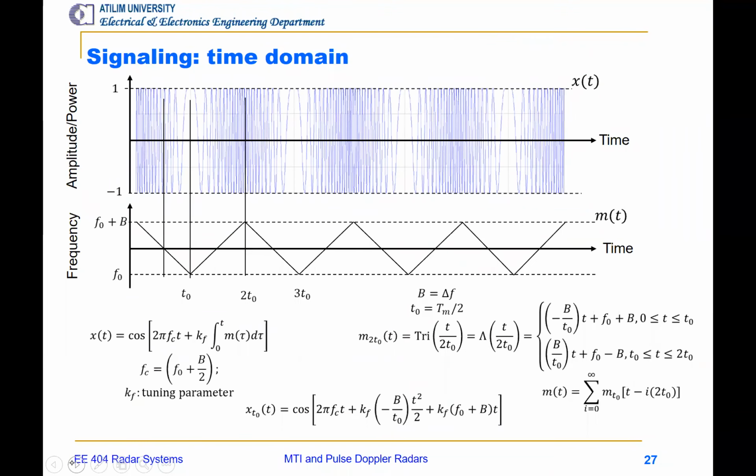Now let's see how we analyze signals in this radar system. This is an FMCW radar, as we said earlier. FM is a modulation method, frequency modulation, as you know from the course EE316.